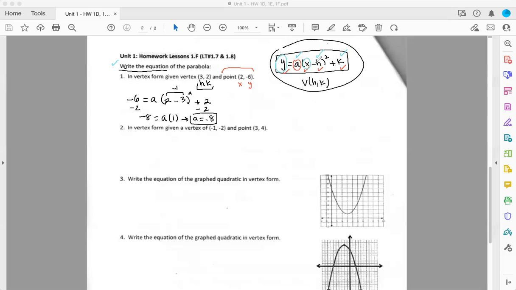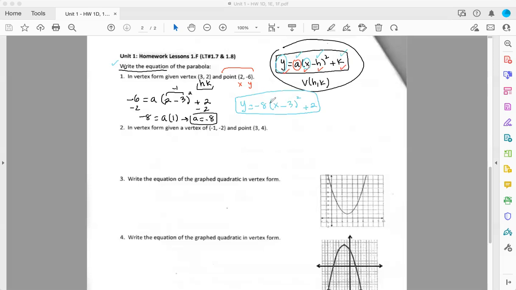Remember, x and y always remain x and y at the end. So we have a, and we have k, and we have h. Let's find the equation. y equals a, which is -8, multiplied by x minus, we said h is 3, quantity squared, and then plus k, which is plus 2. And you're done. Remember, this is the final equation, okay?